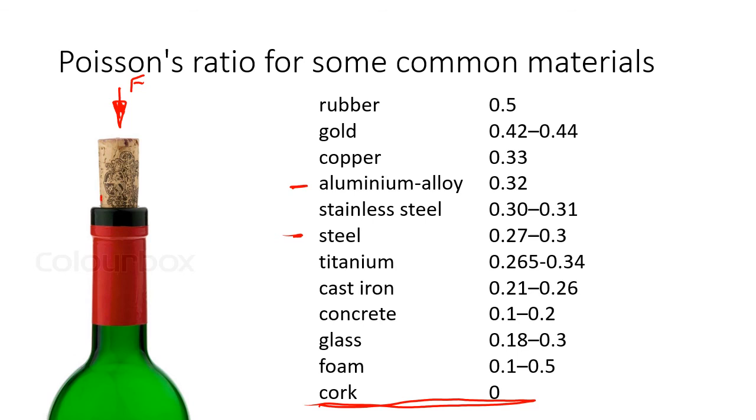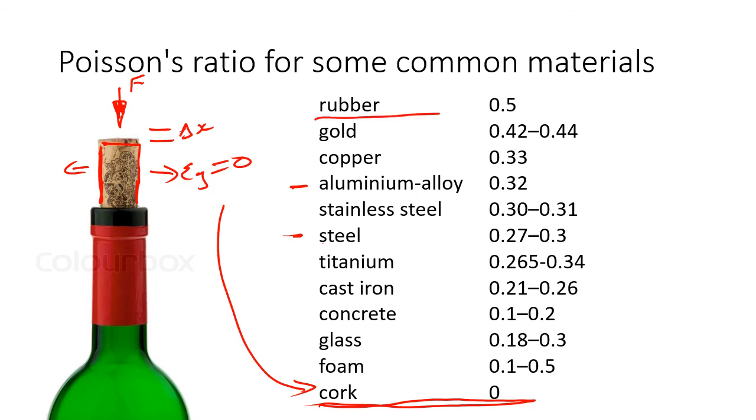So I don't know whether you can see this, but if I draw a little red box, we would expect our cork there to shorten a small amount, so that could be delta X. But what we would expect with cork is that the strain in the Y direction is going to be 0 because its Poisson's ratio is 0. So it means that we can quite easily get cork into a bottle.